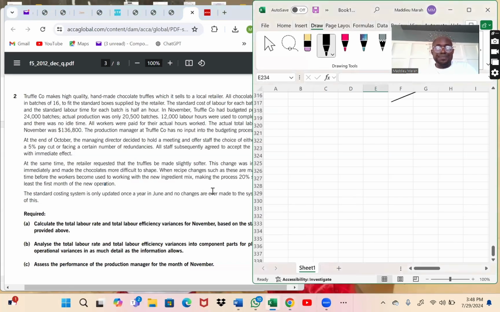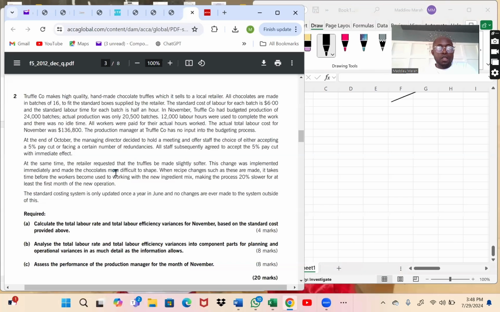Okay, let's read the question. Truffle Co. makes high quality handmade chocolate truffles, which it sells to a local retailer. Make chocolate, sell to local retailer. All chocolates are made in batches of 16. Take note, all chocolates are made in batches of 16 to fit the standard box supplied by the retailer.